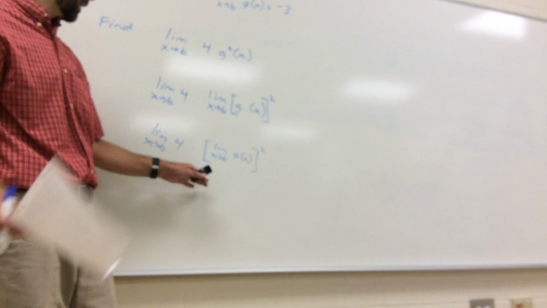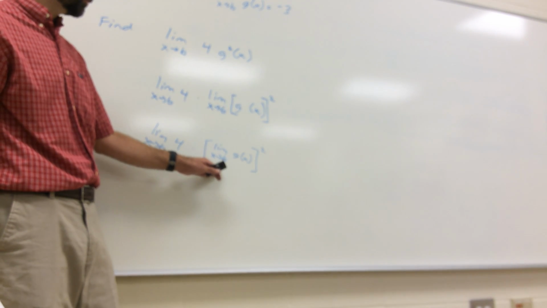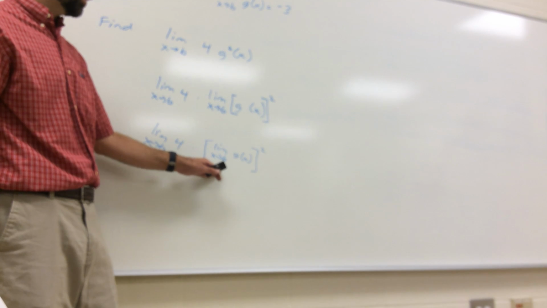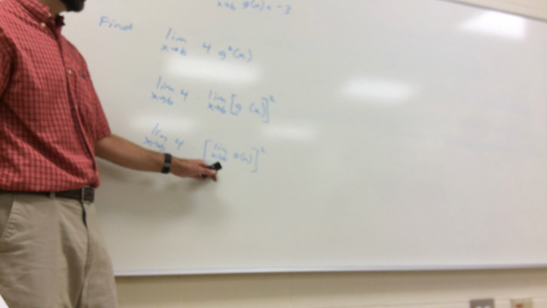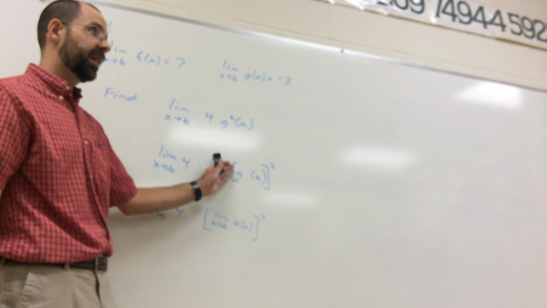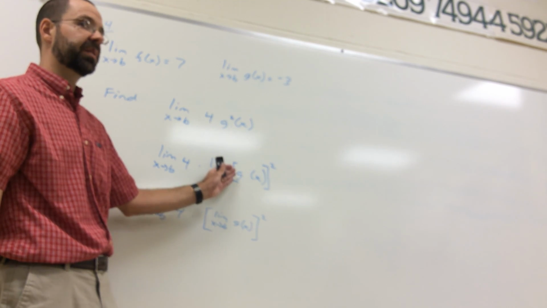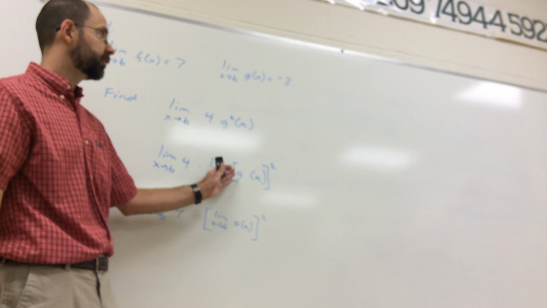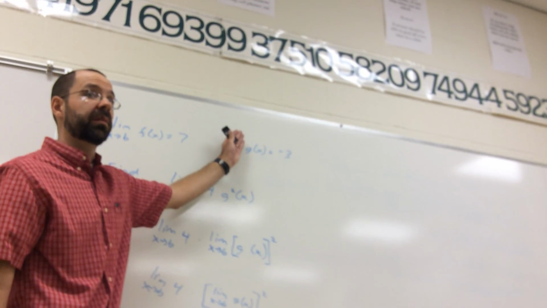Yes, Michael? Can you define the limit of g of x squared without removing the squared out? No, because I don't know what the function g of x is. And so how would you know what that function squared was? Isn't it negative 3? G of x is not negative 3.